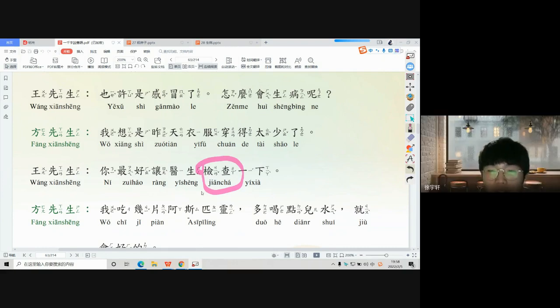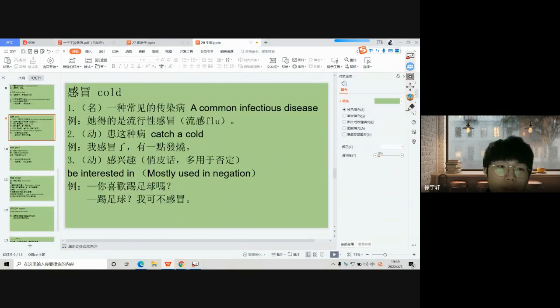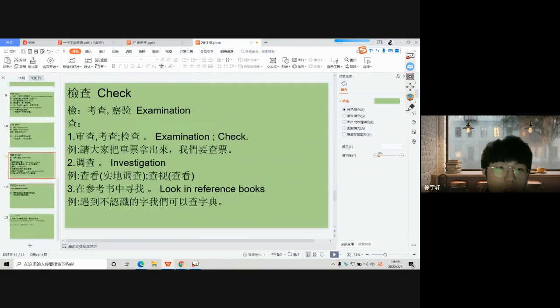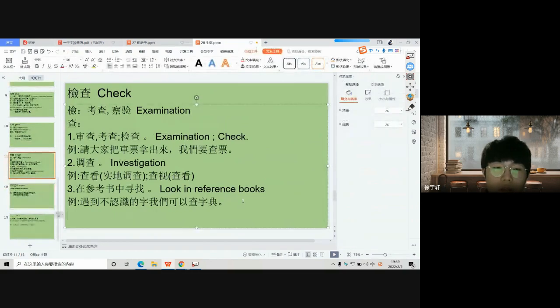检查 means check. And there are checkpoints at airports and maybe military bases, where we can use 检查点, checkpoint, or security check station.